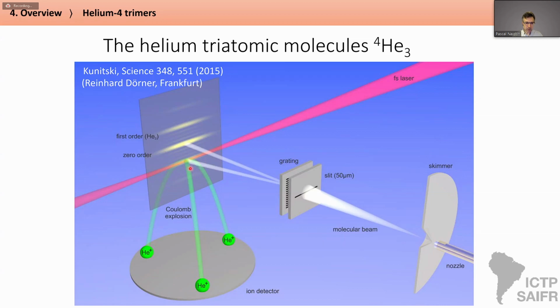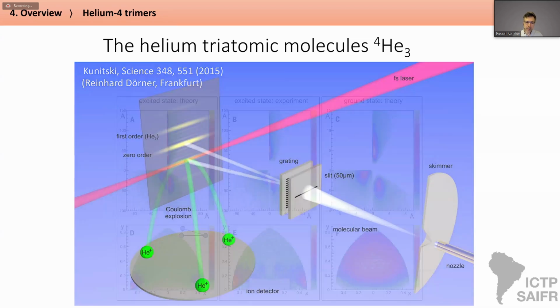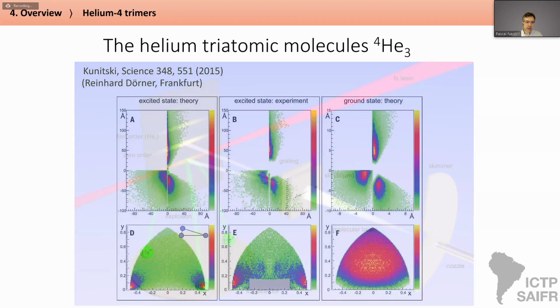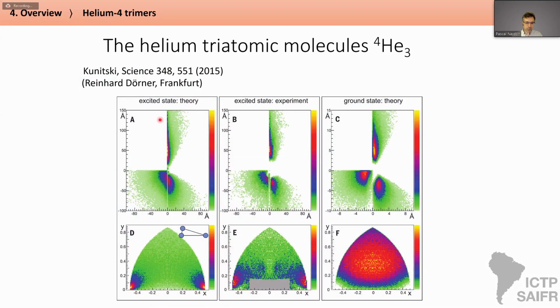By repeating this experiment, it's possible to reconstruct the probability density associated with the wave function of this triatomic molecule. So these are the results. Here is the theory for the excited state, the theory for the ground state, and here is the experimental result for the excited states.